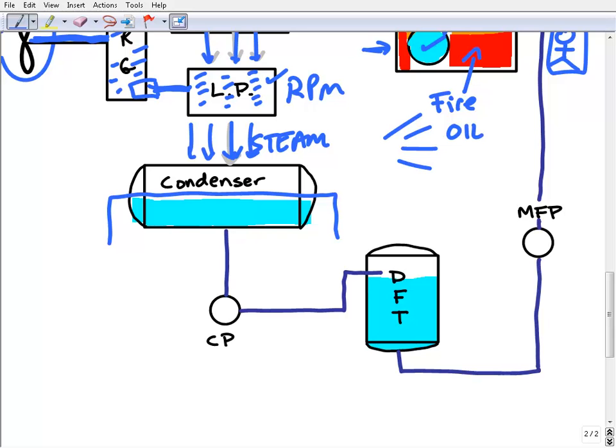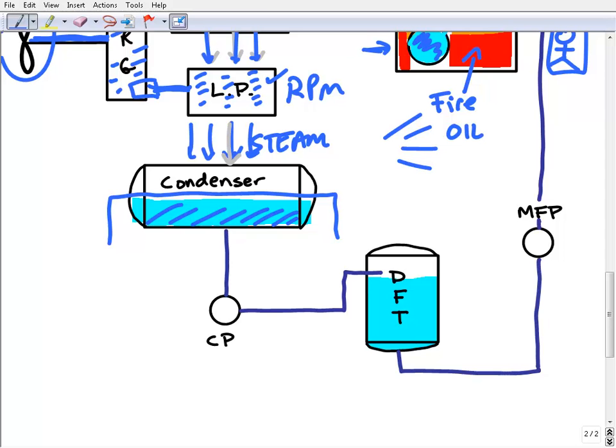We're just taking the steam and cooling it down back into water. So remember, we're still talking about H2O. If we heat it up, we get steam. If we cool it down, we get water, right? So this is basically what we're going to do. We're going to cool this steam down to get water, and the technical term for this water is condensate. And now, this represents condensate, and I'll talk a little bit about how we cool this down.